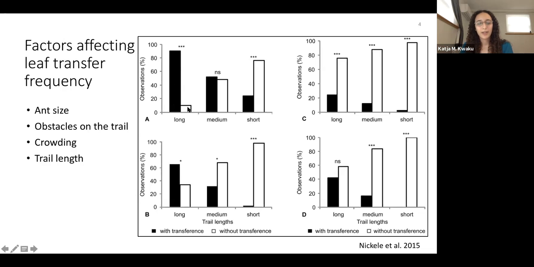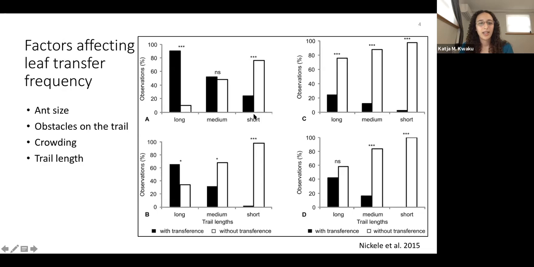And there are some differences among the 4 species, but the same general trend applies to all of them, which is as you decrease the trail length, you also decrease the number of fragments that get transferred.